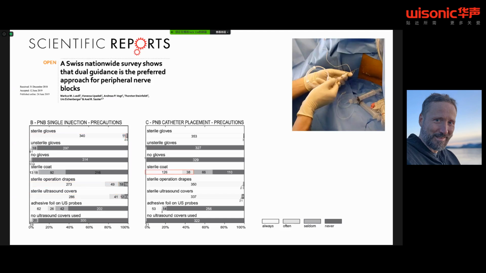A high fraction of the Swiss anesthesiologists would even use a sterile coat when placing a peripheral nerve block catheter. These data do not show what is the correct way to provide sterility precaution for a nerve block procedure, but it gives an insight on what many of us think is appropriate to reduce the risk of infections.